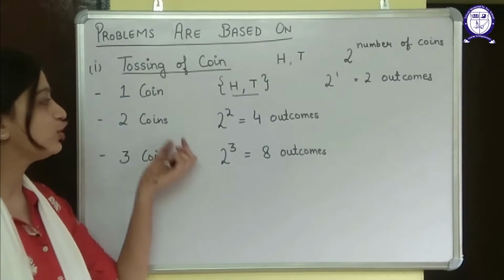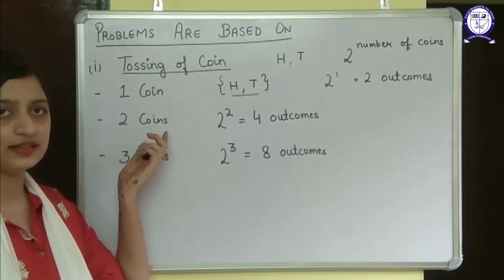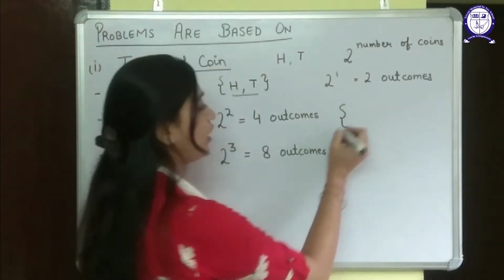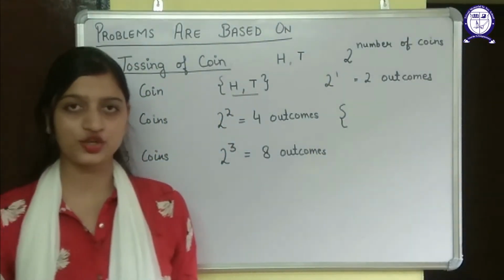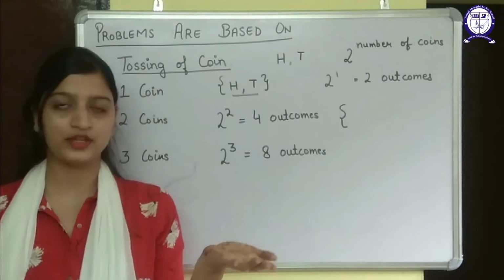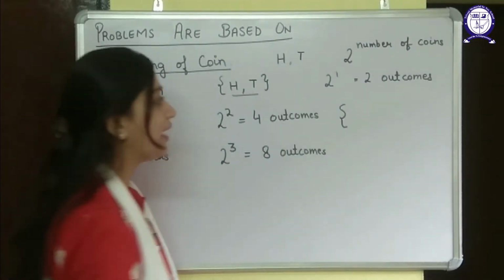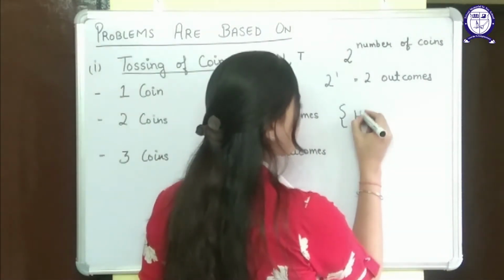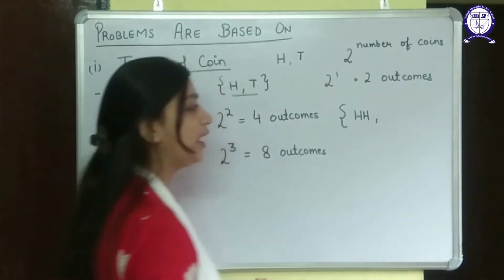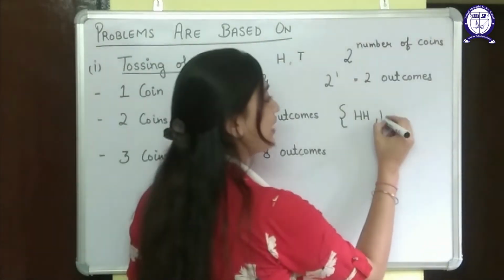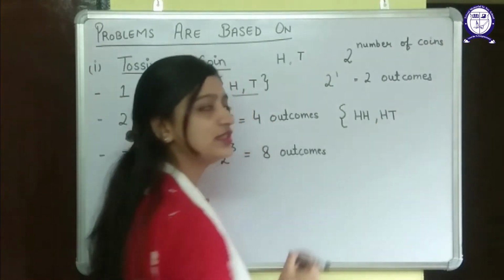Now for 2 coins, we can easily make the outcomes. How? Think about it very clearly. Suppose on the first coin, I have head. Then on the second coin, I also have head. So I can write it as head, head. Now suppose I have head on the first coin and now I have tail on the second coin.